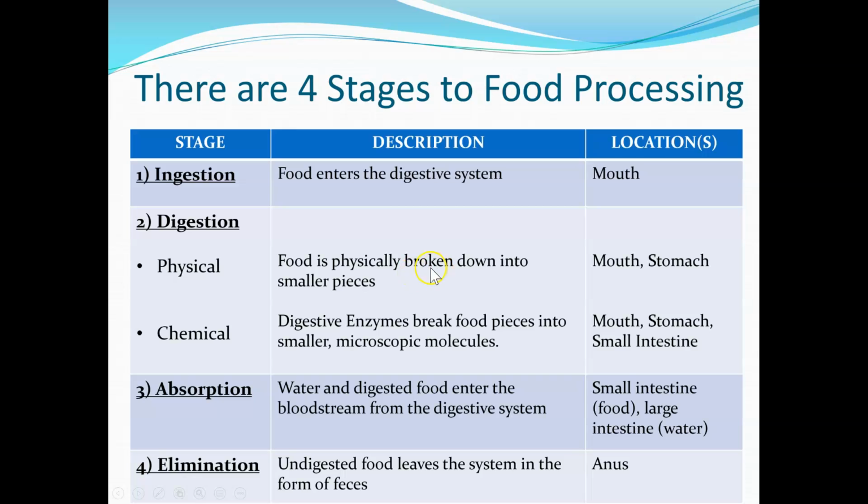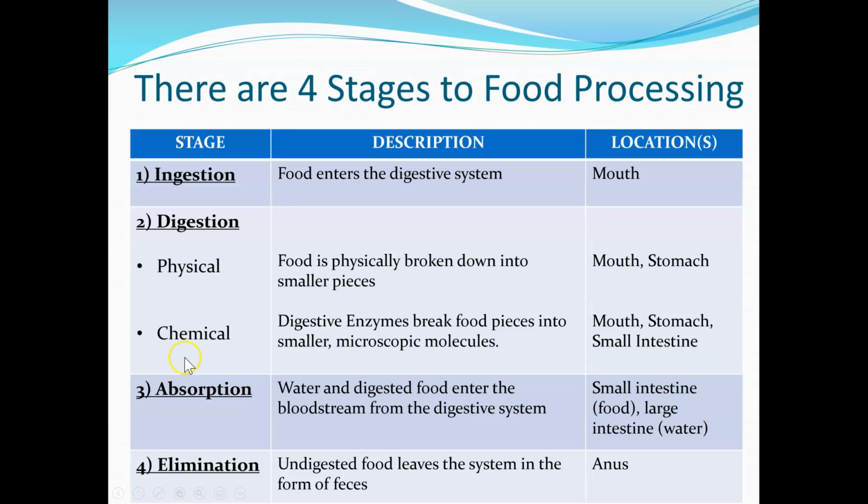Our teeth and our tongue basically break that food physically into smaller pieces. And then chemical digestion happens as a result of chemical enzymes that also break down food into smaller and smaller microscopic molecules that can enter into the bloodstream.